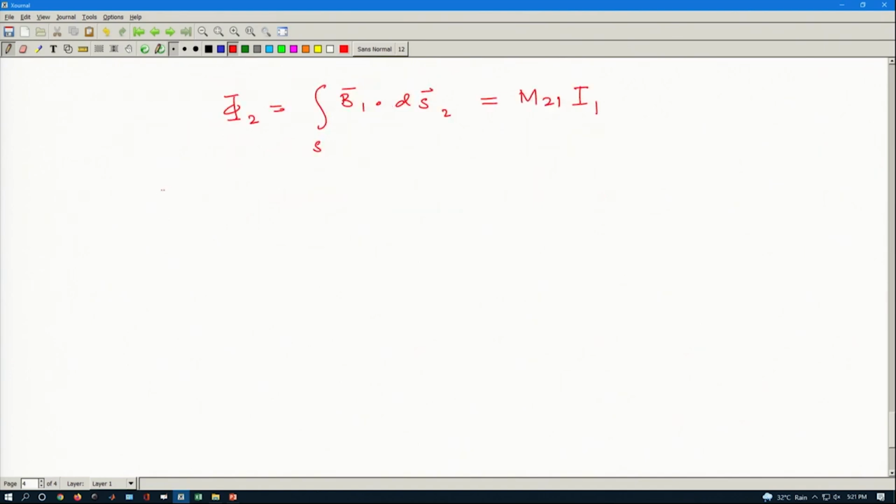Okay. So, what is the surface integral of B1 dot dS2? That I can write in terms of the vector potential A. That quantity is simply a closed line integral, because I am using Stokes theorem: closed line integral of A1 dot dL2.